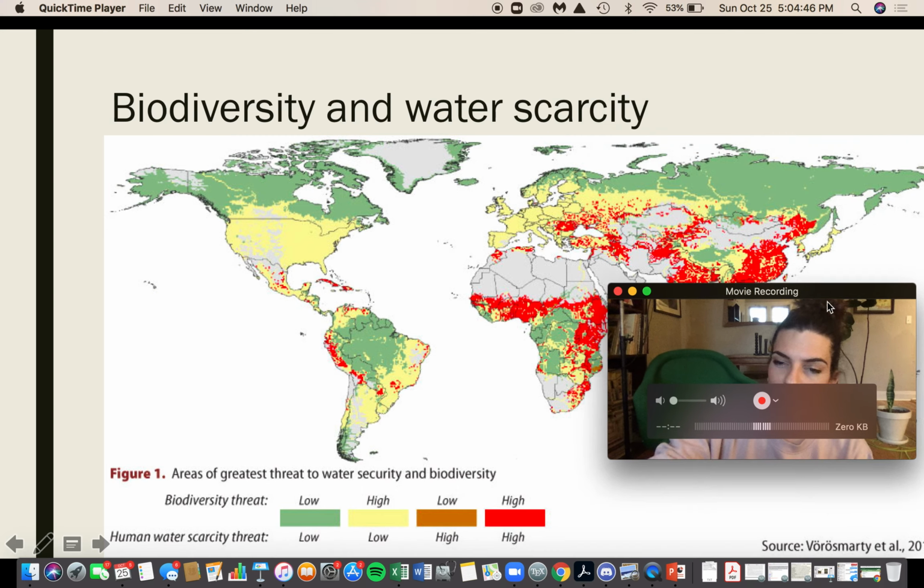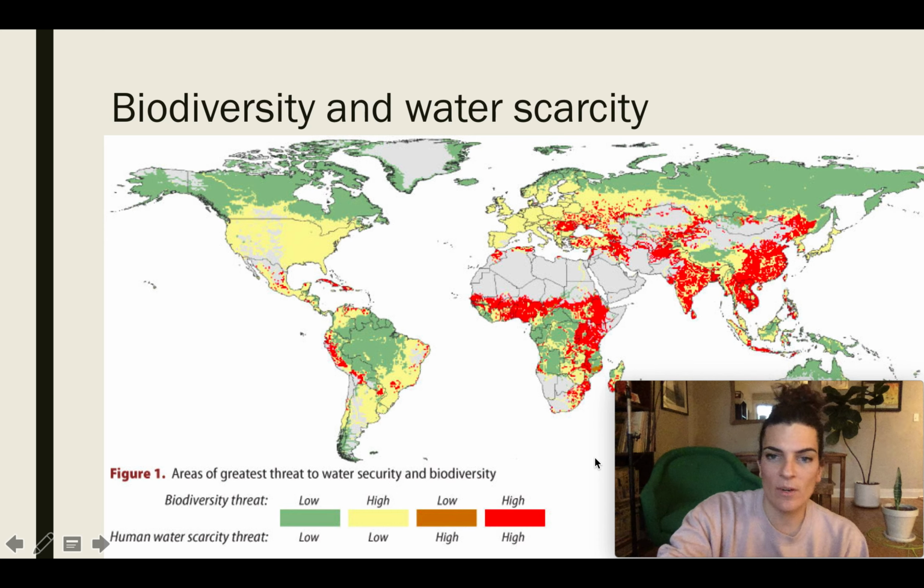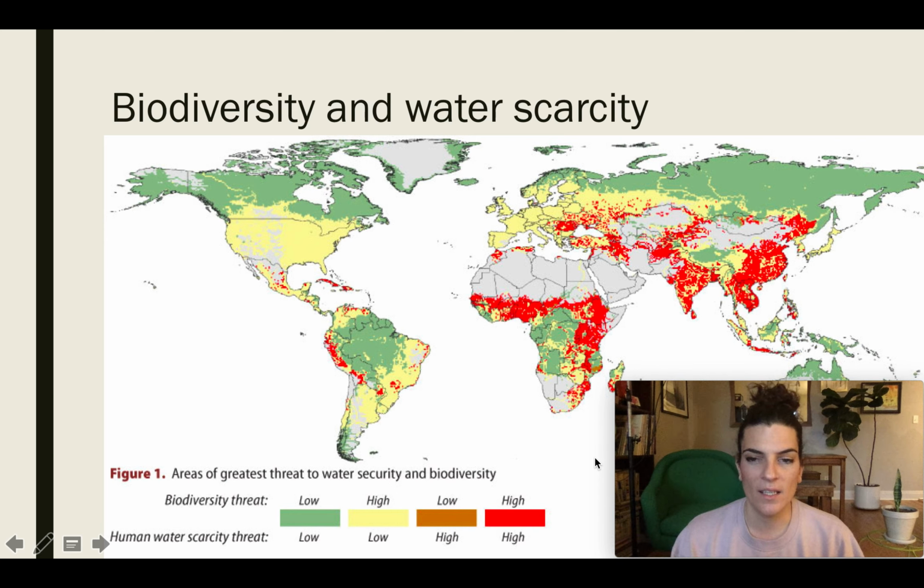So on the theme of biodiversity, then, continuing with the map theme here, this map shows regions where the threat to biodiversity due to human influence is high. That's in the yellow and the red. So the yellow and the red areas are where the threat to biodiversity is high.